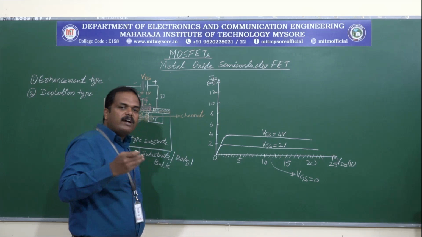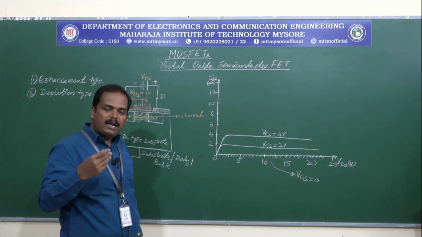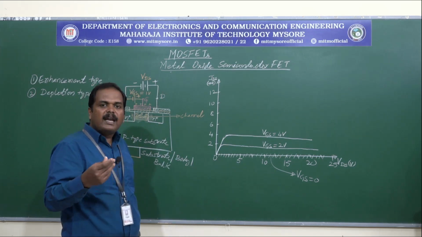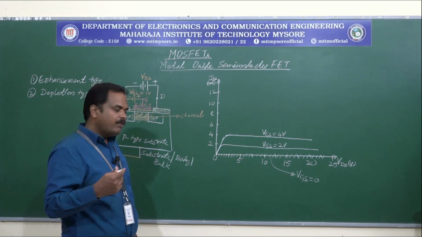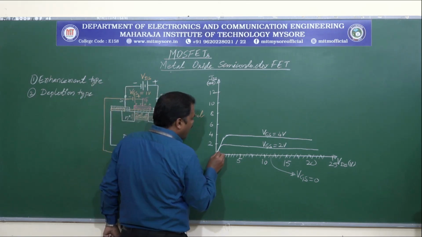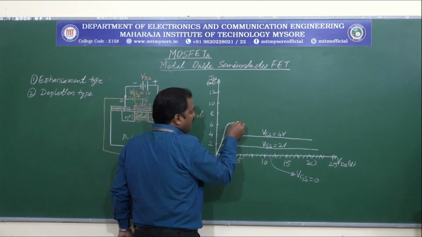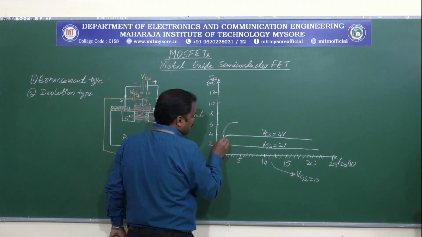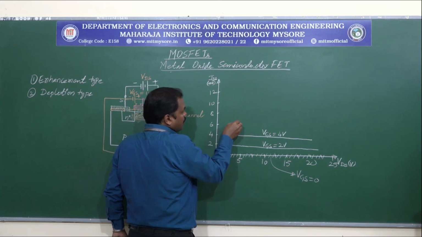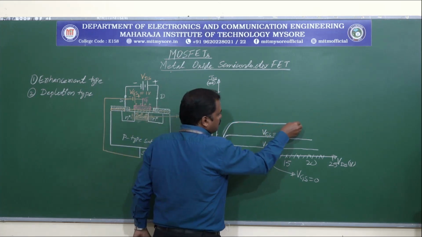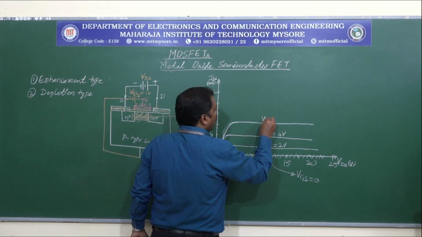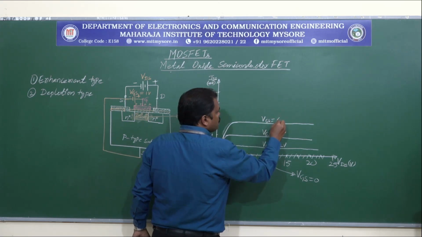Then again further if I increase VGS to another level, that further enhances the conductivity of the channel, where I will be having enhanced current flowing in the device. So that may look like this. So this is for VGS equals to 6 volts.